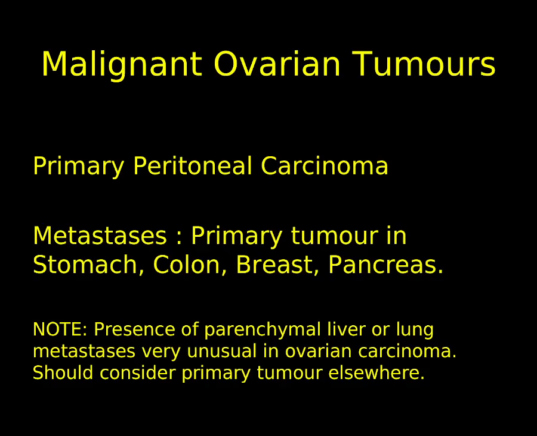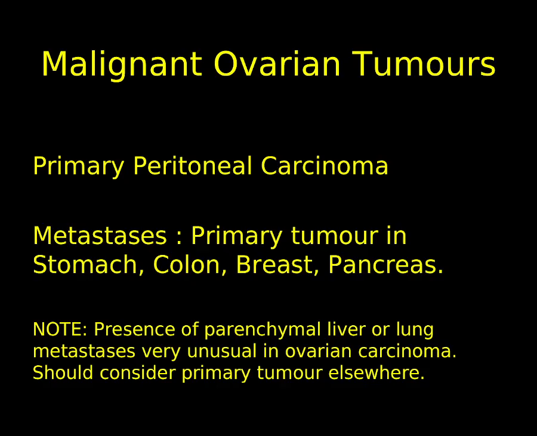And if you are doing CT or ultrasound and you come across an ovarian mass, just remember that the presence of parenchymal liver or lung metastases is unusual in ovarian carcinoma, and we should consider a primary tumour elsewhere. Now there are some ovarian carcinomas, for example some germ cell tumours like a choriocarcinoma, where you will get lung and brain metastases, but in the standard epithelial carcinoma, there's generally quite a standard route of spread throughout the peritoneal cavity, the lymph nodes, the serosal surfaces of the bowel and the liver and spleen.